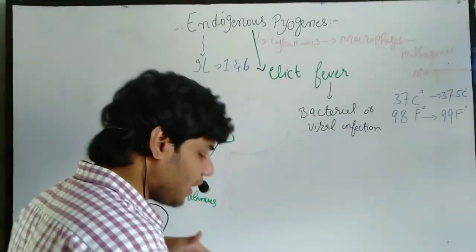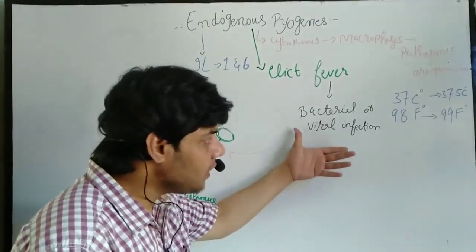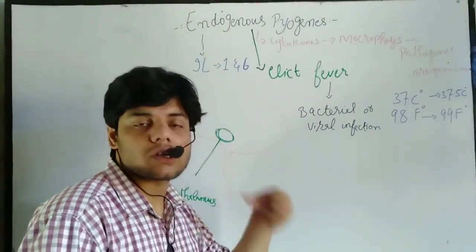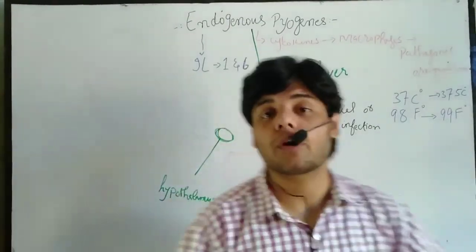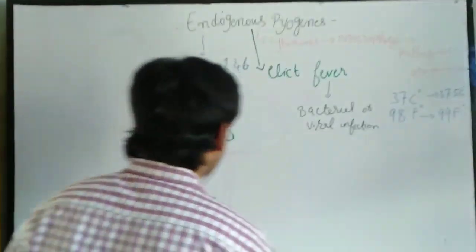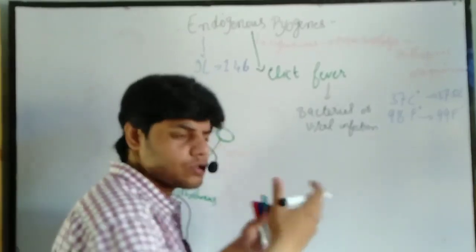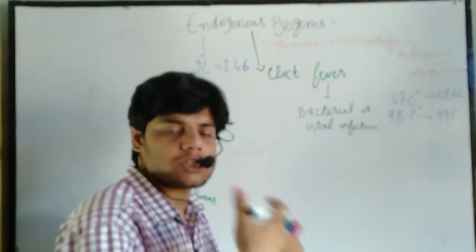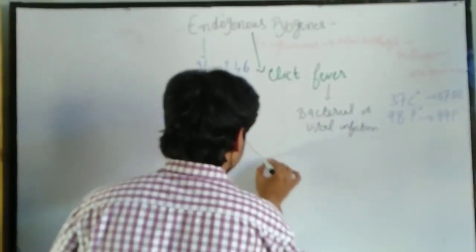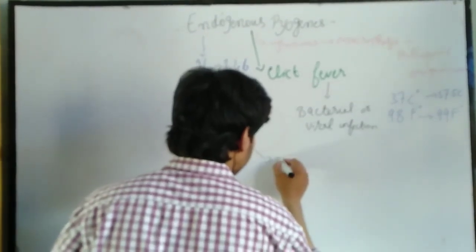Now once this hypothalamus is disturbed, these bacteria and viruses usually disturb the hypothalamic thermoregulatory activity. Okay, there is a special kind of process or set which we call hypothalamic thermoregulation.